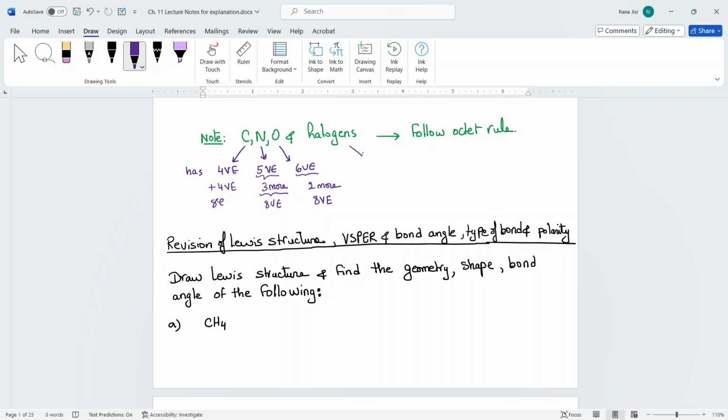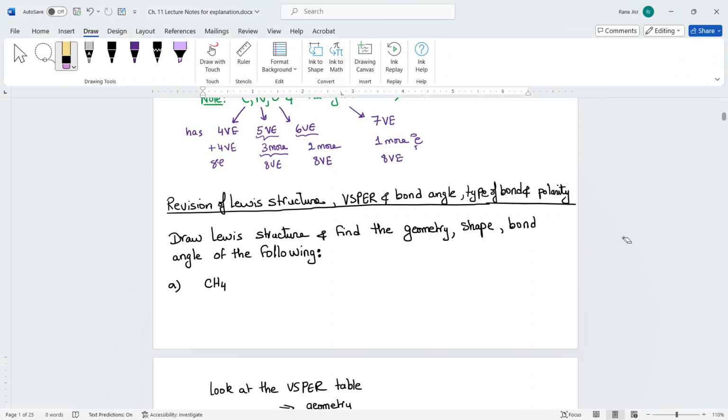Same thing for halogens. Halogens are group 7, so they have 7 valence electrons, so they need to bond with 1 more electron, meaning 1 more group, so that they can reach the 8 valence electrons. When all of these atoms reach their octet state, their formal charge is 0, and we say that they are stable.